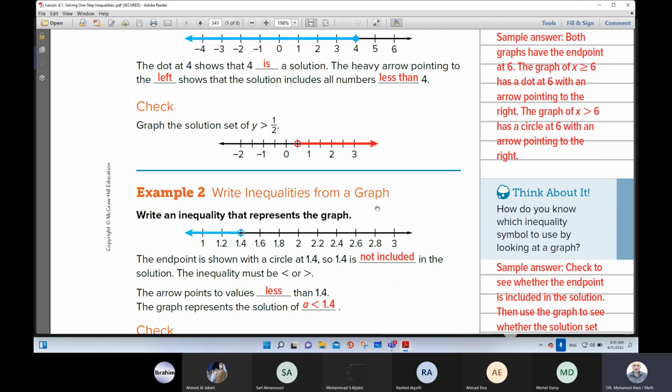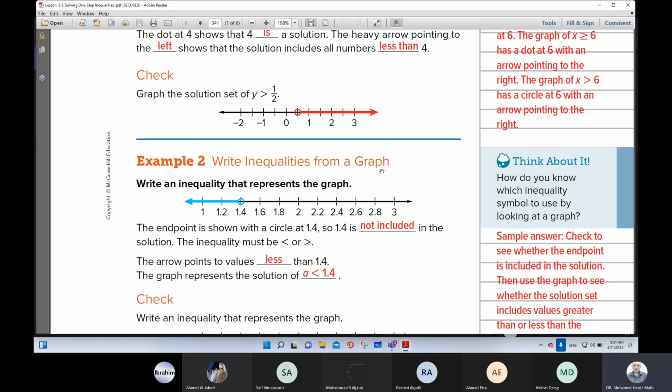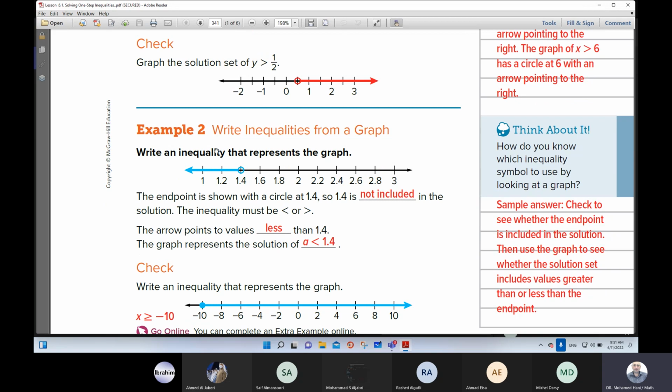The second idea, write inequalities from a graph. Write an inequality that represents the graph. We have this graph, and from this graph we want to write the inequality. As you see, the value will be 1.4. And here we have an open circle, means this value is not included in the solution.